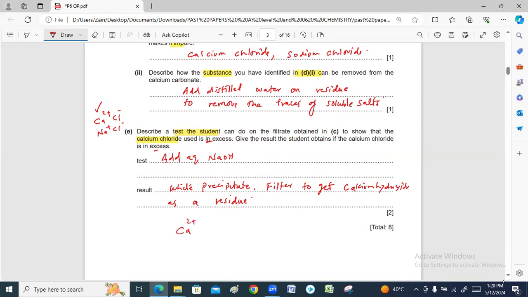So this is calcium ion and sodium hydroxide, and these are the precipitates of calcium hydroxide.